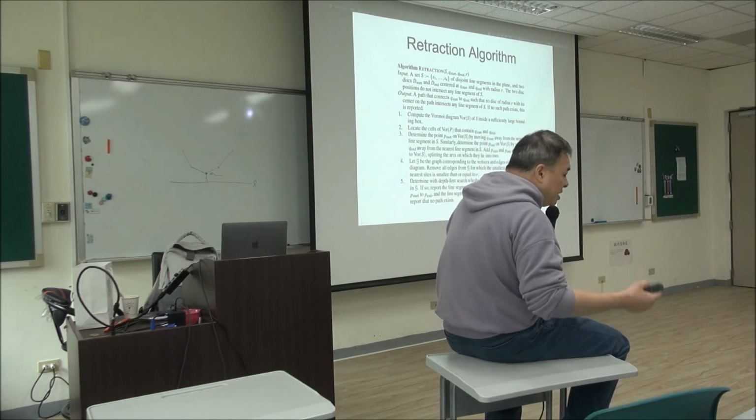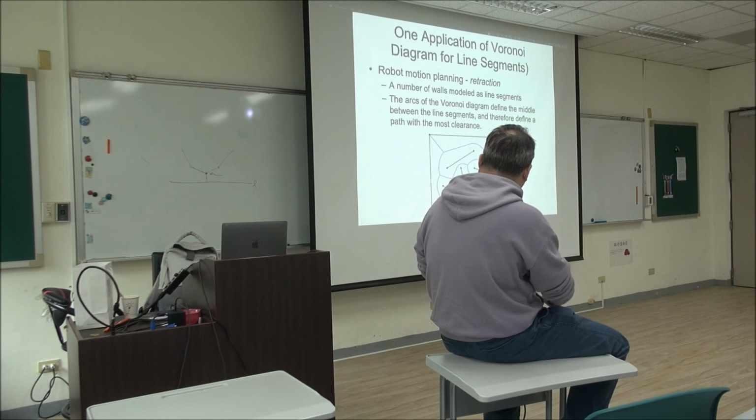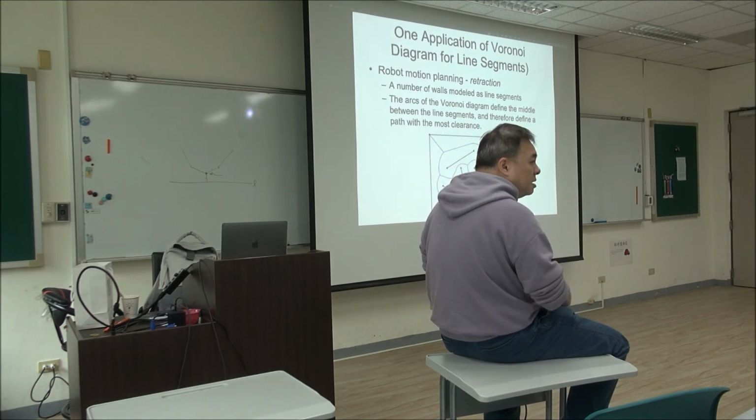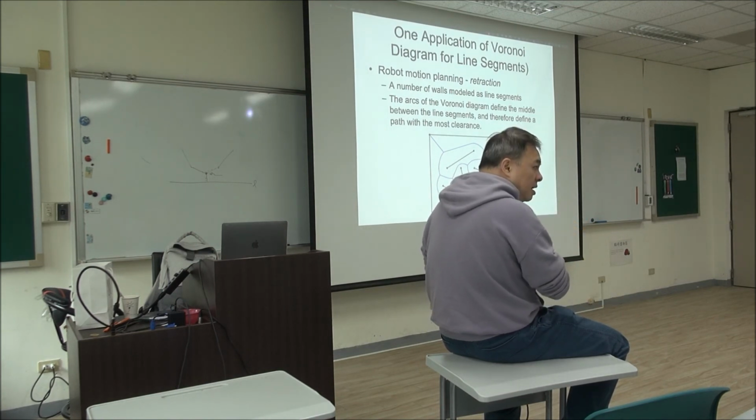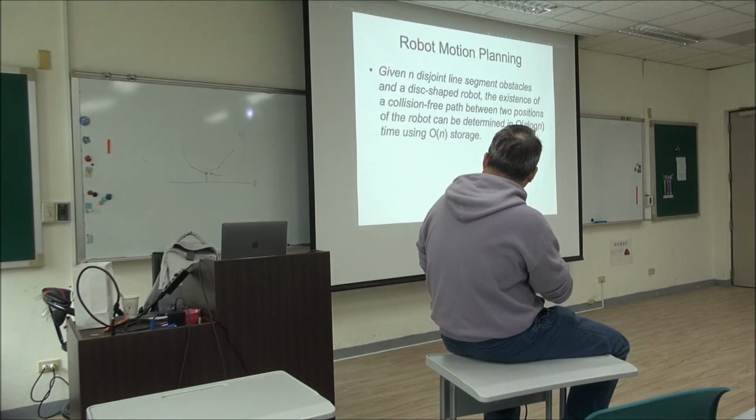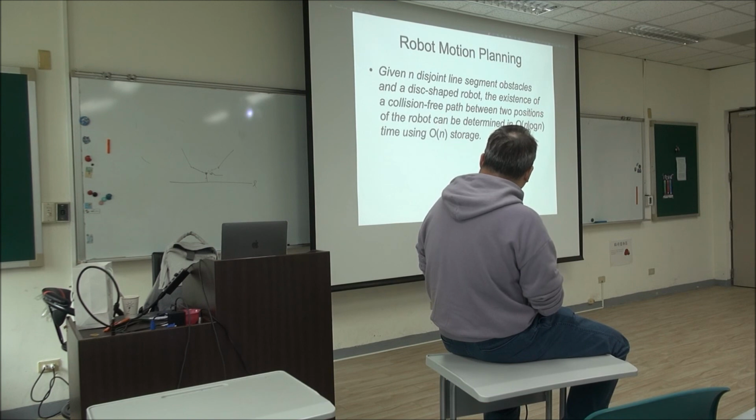The most complicated part is the creation of the Voronoi diagram, because it takes, as I said, n log n time. Given n disjoint line segment obstacles and a disc-shaped robot, the existence of a collision-free path between two positions of the robot can be determined in n log n time using linear storage.